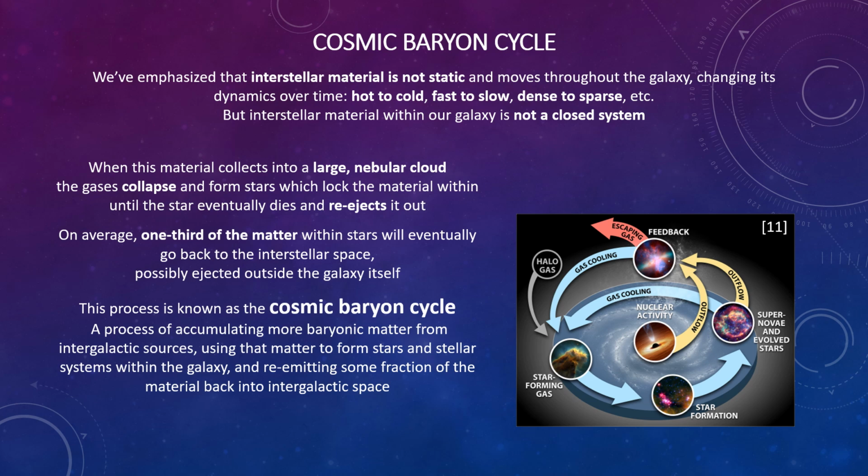We know that our Milky Way galaxy is going to collide with Andromeda in several billion years, and that's going to introduce a lot of new interstellar material as these two galaxies collide, mix, and merge together. That's really going to kickstart our cosmic baryon cycle in our own Milky Way galaxy again. It's really going to drive new star formation.